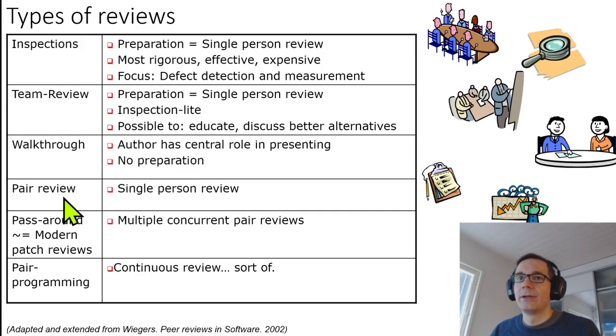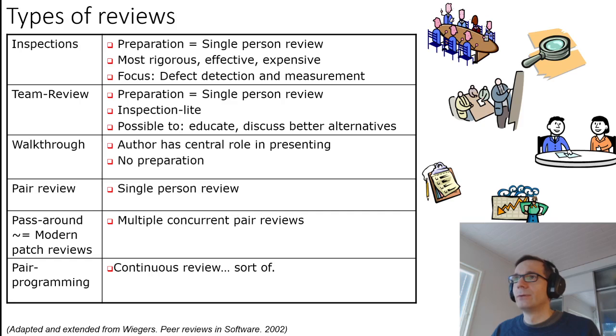Then there is peer review, which is basically a single person review. So you send or share the artifact with some other person for review. And if you do a pass around, well, basically it's a multiple concurrent peer review. So you send the artifact to 3 other persons for review.